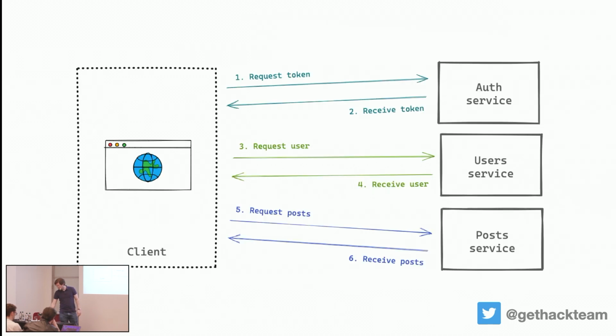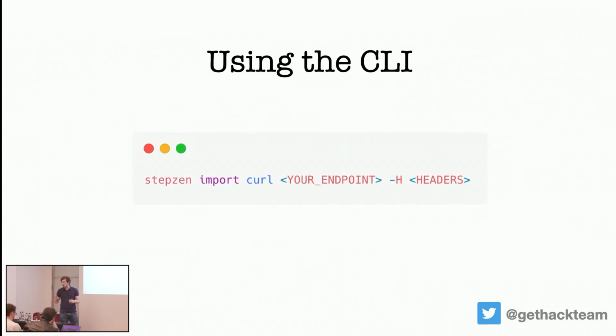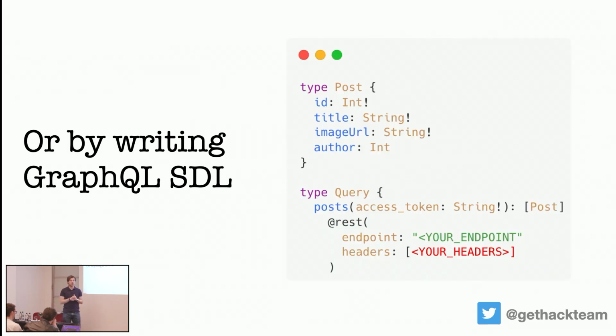And then with StepZen it's a little bit different because, well, you can either use the CLI to import your different endpoints, and you can append headers or other curl flags to this, or you can write your own GraphQL SDL. So you don't need to write custom resolver code. Instead you use custom directives like you see here to point the GraphQL schema towards where your data is coming from.